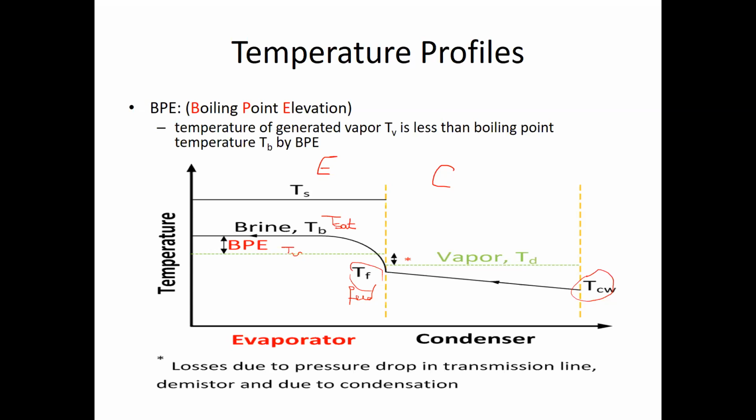It has salt in it, and that makes it probably boil at 101 or 102 degrees centigrade. This difference is due to the existence of salt in the water, and the difference between the saturation temperature of the brine, or boiling temperature of the seawater, and boiling temperature of pure water, this difference is what we call the boiling point elevation. The boiling point elevation increases as the salinity increases, for example. So it becomes a function of salinity and a function of pressure, definitely, and at what temperature level that we are talking about.